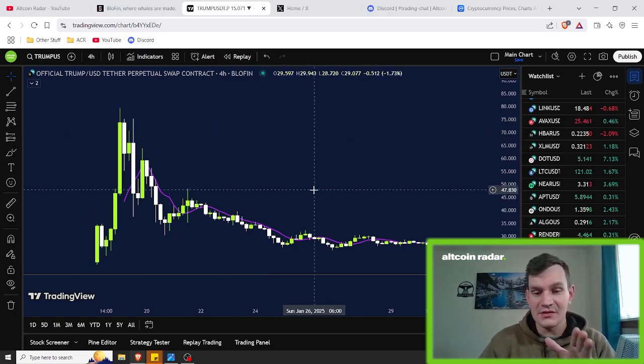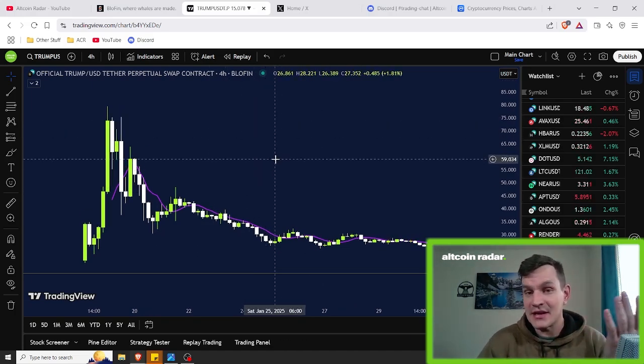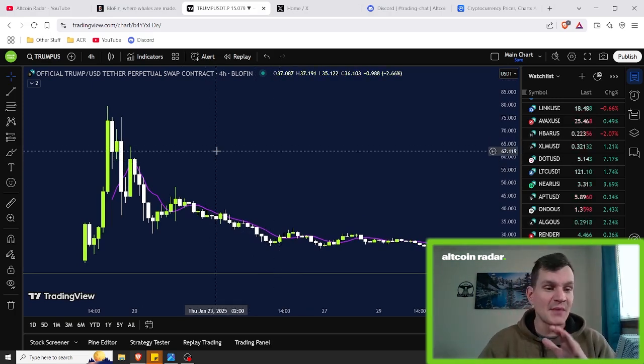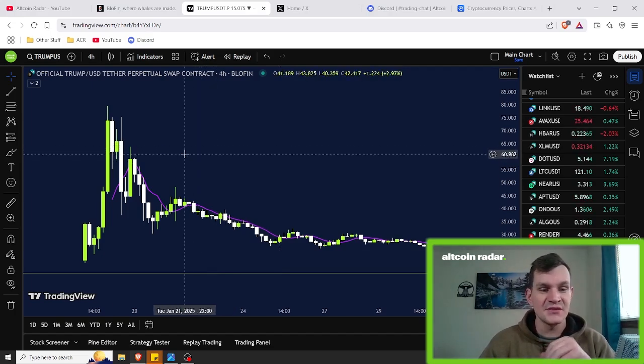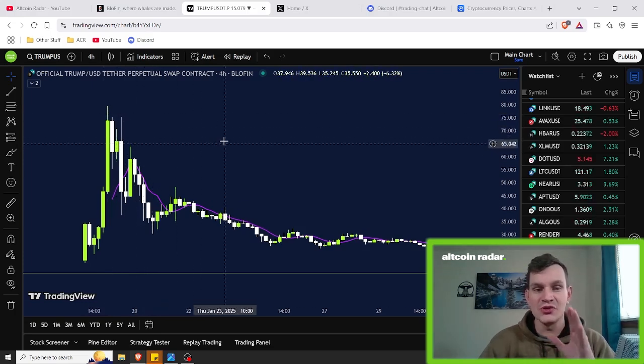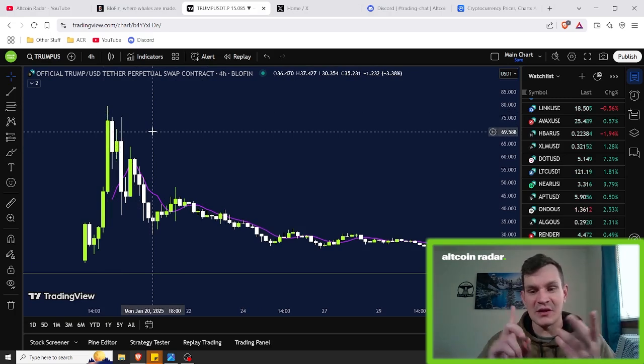You can clearly tell I don't have many indicators on my chart whatsoever, and that's just how I trade. I don't need a bunch of random indicators telling me what to do. I can make my buy and sell decisions pretty much just based off of what these candlesticks are doing. These candlesticks alone tell you a humongous story. They tell you about momentum in the market. They tell you about liquidity in the market.